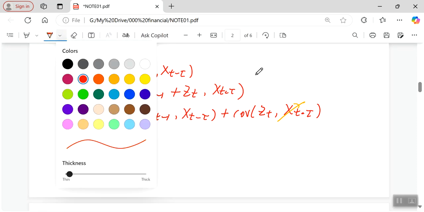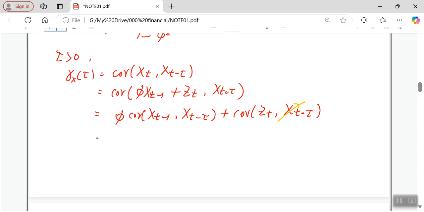So from here we can further extend this to phi. When you look at this, what is the lag between xt minus 1 and xt minus tau? This basically will give us the covariance with the lag of t minus 1 minus t minus tau, so this is actually tau minus 1.